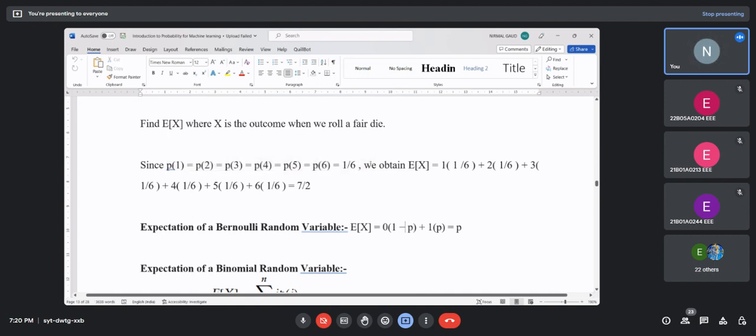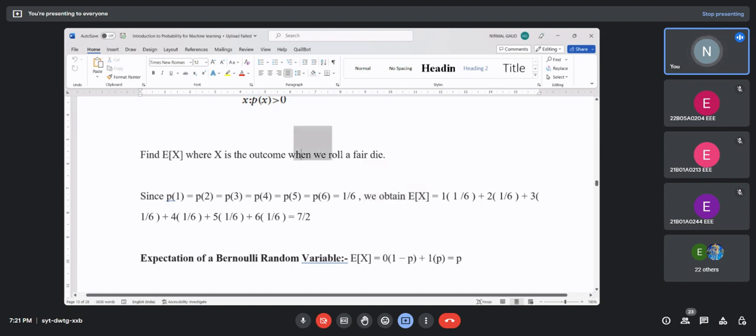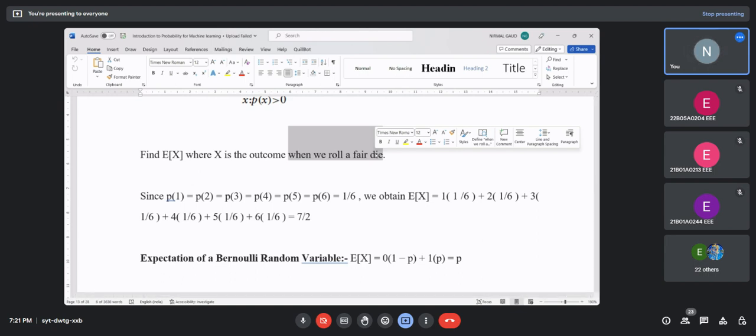So if we obtain E(x), why did I take the example of rolling a die? Because you know that rolling a die will never give you 1.5. In a die you have 1, 2, 3, 4, 5, and 6. Do you have 1.5 or 2.7?